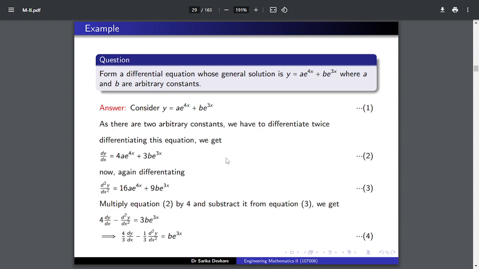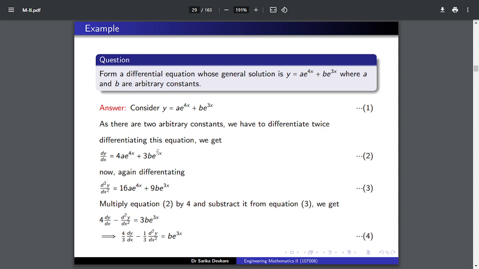First differentiate with respect to x. The first derivative is dy by dx equal to 4a e raised to 4x plus 3b e raised to 3x. Now again differentiate with respect to x. Therefore d2y by dx square equals 16a e raised to 4x plus 9b e raised to 3x.